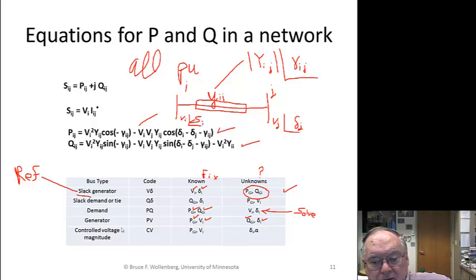Finally, a controlled voltage magnitude bus might have, for example, similarly P and V, but we're solving for theta and for A, and this is for a transformer. We'll show you this set of equations later, so I'll just write trans.